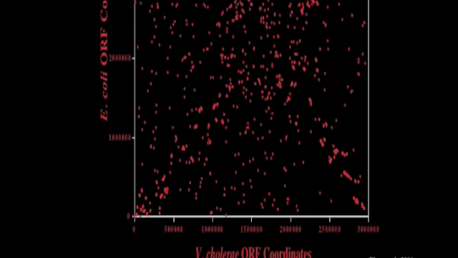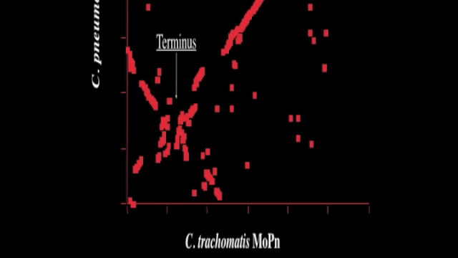So we saw this, and I actually presented another version of this at a meeting. We hadn't oriented it to the origin and terminus of replication. And after I said, I have no idea what this means, two people at the meeting came up.